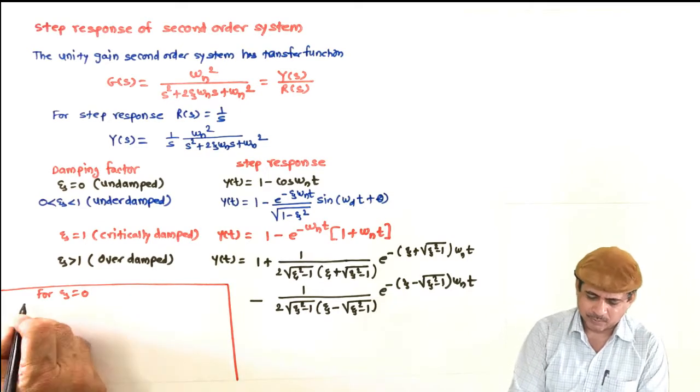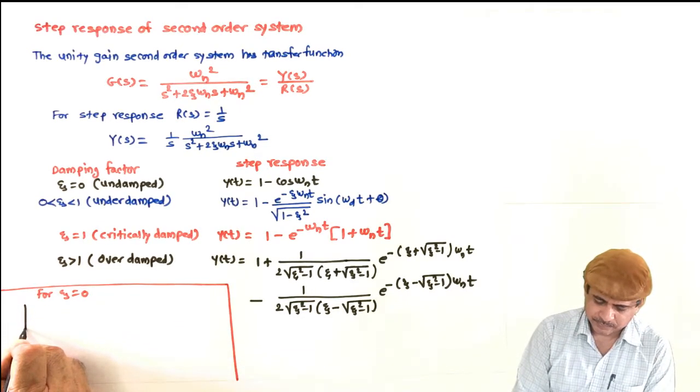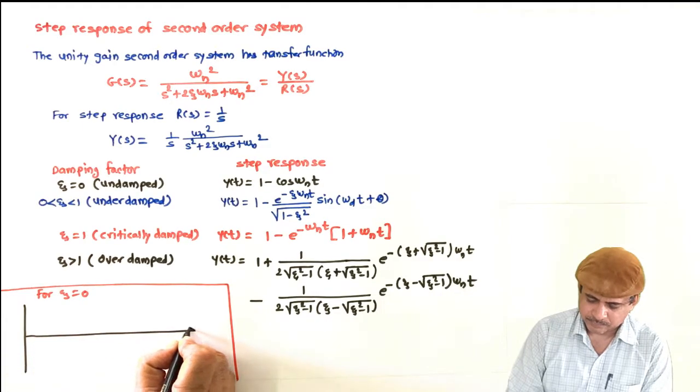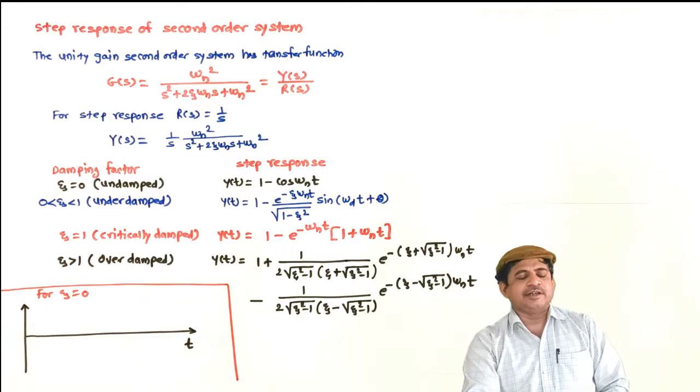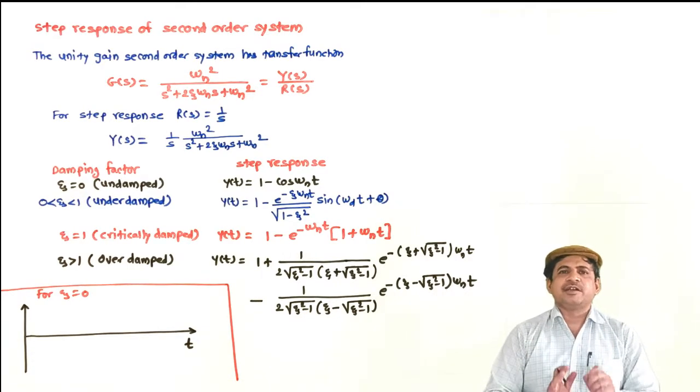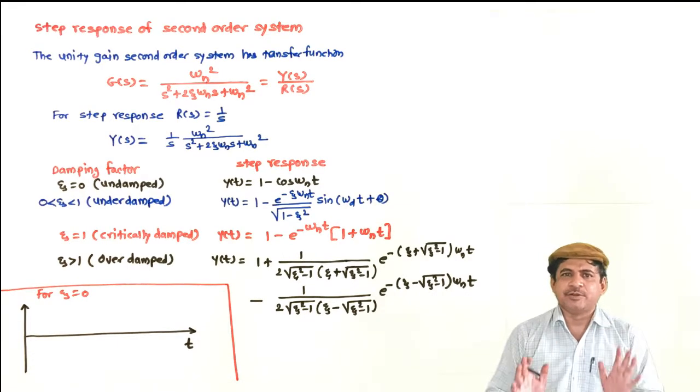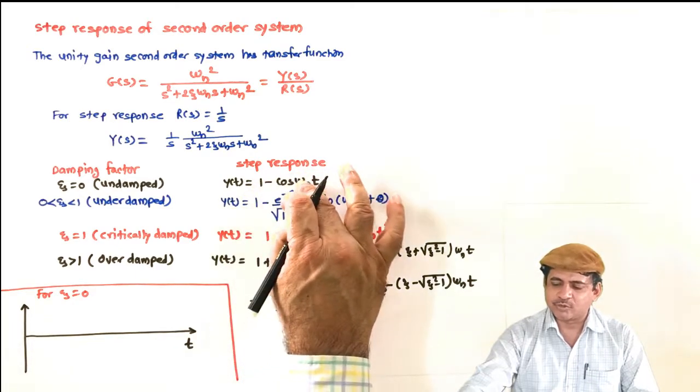So it is a sine wave. As discussed in the previous lecture, for the undamped system, response will be continuously oscillatory with same amplitude. So it's 1 minus cos omega n t.